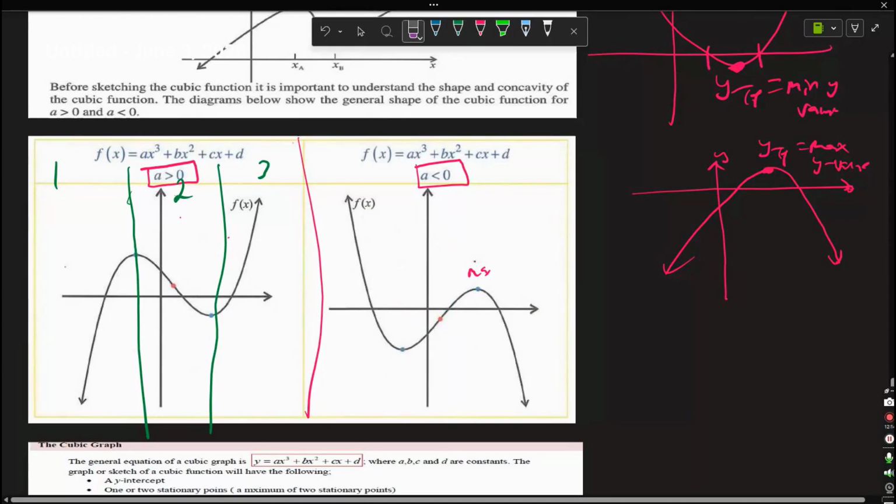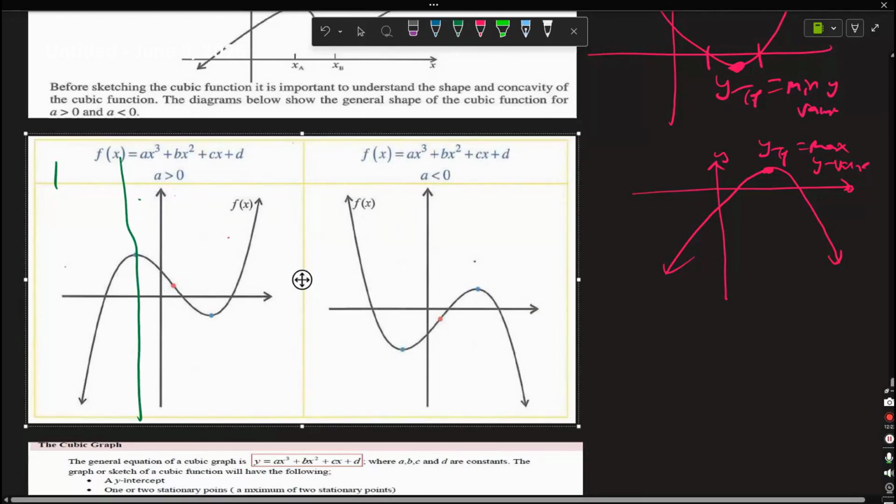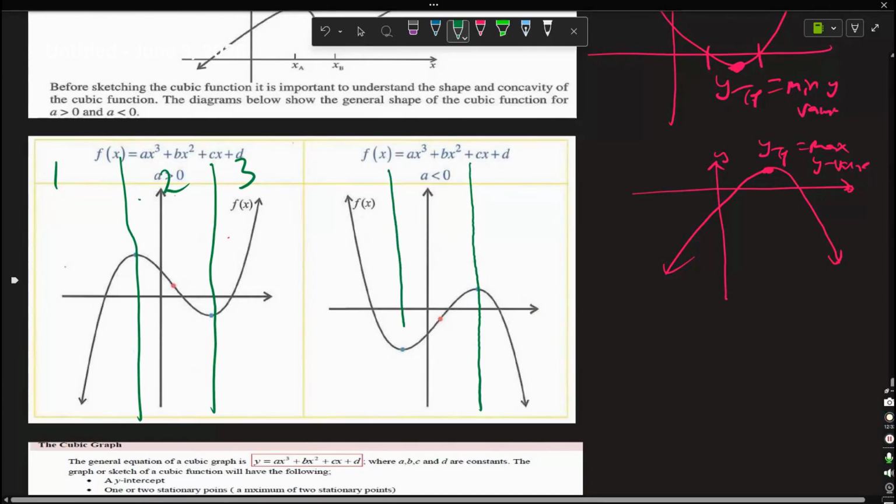I'll do the same thing here. Okay, it's fine, I'll just start afresh. I've got region 1, region 2, region 3, and then I also have another partition there, region 1, region 2, and region 3.